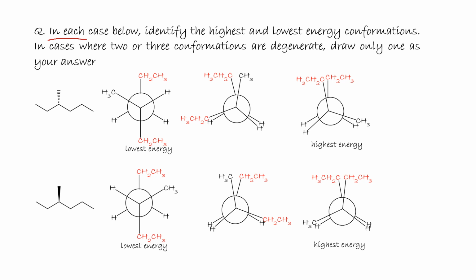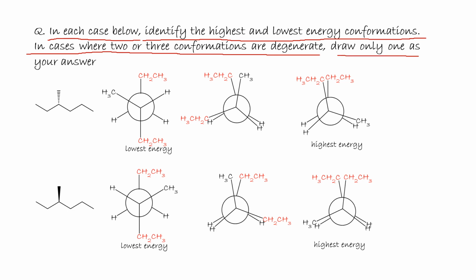In each case below, identify the highest and lowest energy conformations. In case where 2 or 3 conformations are degenerate, draw only one as your answer. Here is the 3 methyl hexane in this configuration.